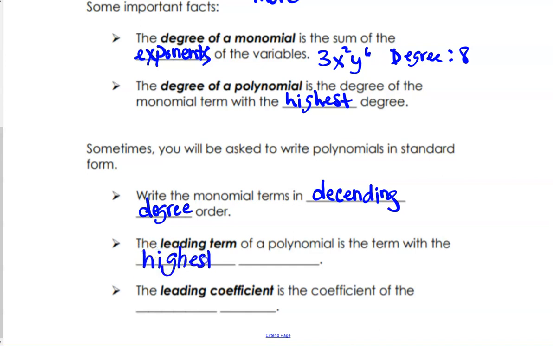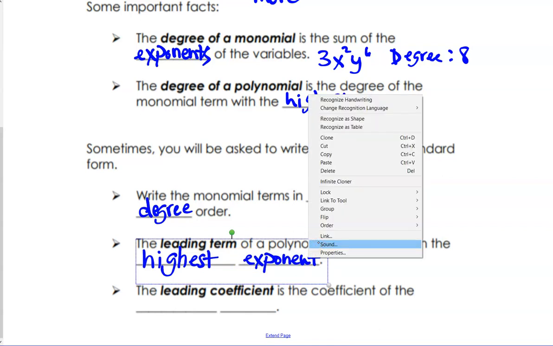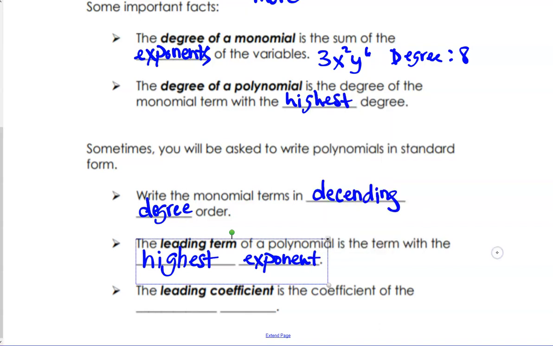If something is leading, it is first. So since our standard form has our highest exponent first, the first term is going to be our leading term. The leading coefficient is the coefficient of the leading term. Remember, a coefficient is a number attached to a variable. So it's going to be the very first number we have.